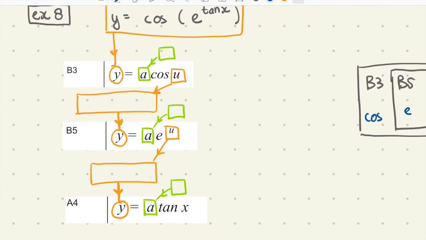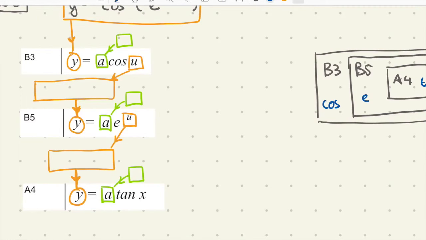Later when we differentiate, we are going to do the opposite direction, from inside to outside. We are going to apply formula A4. After that, we are going to use formula B5. Then after that, we use formula B3.